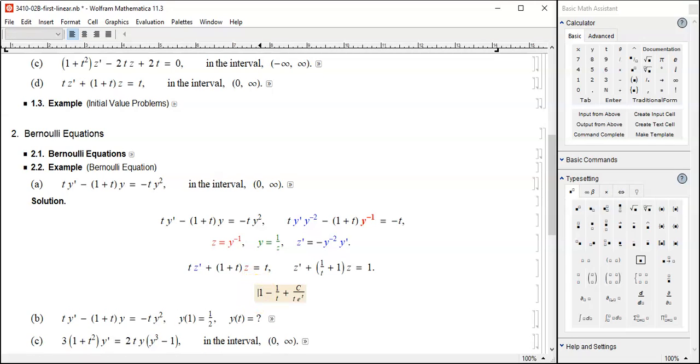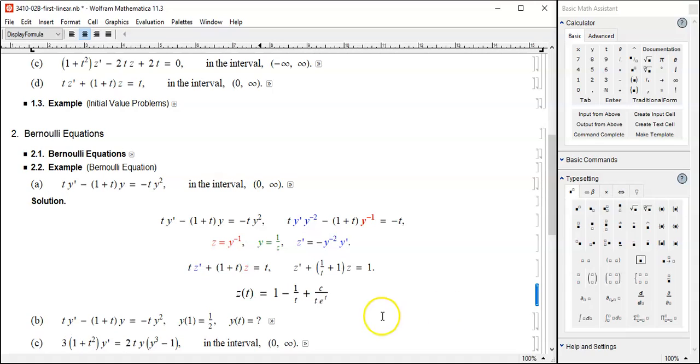So z of t is this, and we have fractions, so I need a bigger font. And therefore, y of t is 1 over z, or z to the negative first power. So it's going to be 1 over this thing.